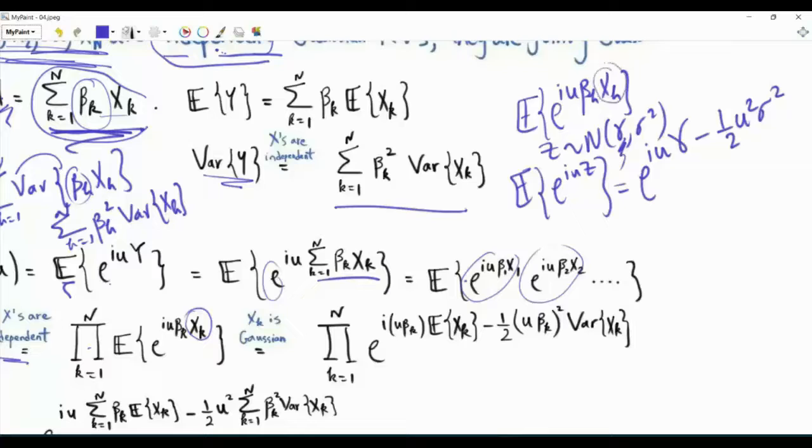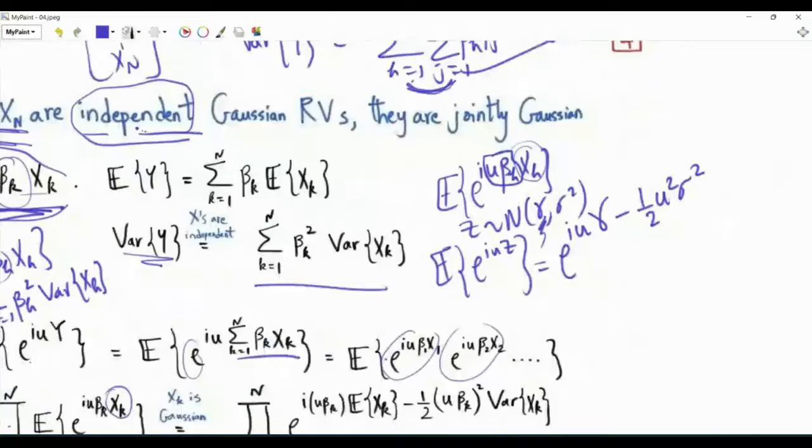So now we have that xk is a Gaussian random variable. This looks like the characteristic function. We can basically think of u beta k as one quantity, as just one unit. Okay, let's call this thing u bar.